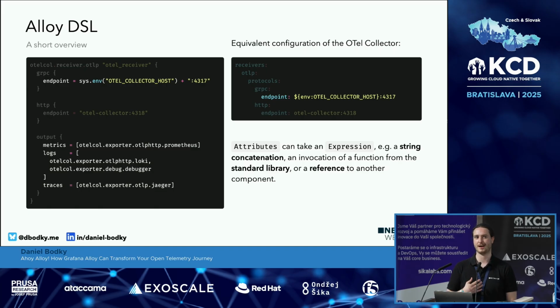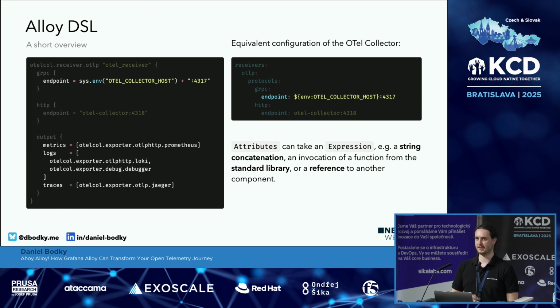So this is where Alloy's standard library comes into play. In this example, at the top here, I read from an environment variable and concatenate it with the port. So we have both string concatenation and function call in the same attribute evaluation. And down here, this is how the Alloy DSL references other components within our Alloy config.